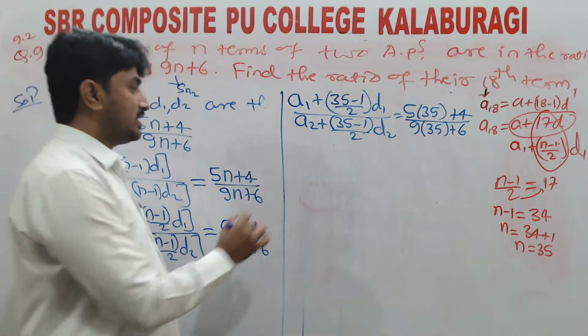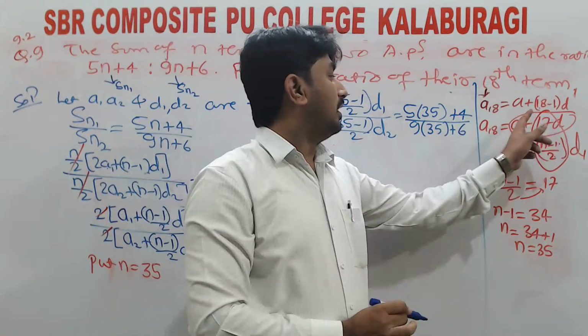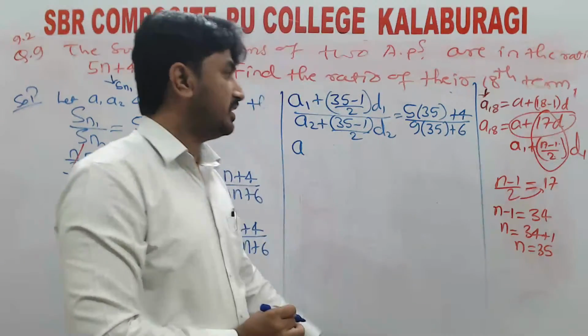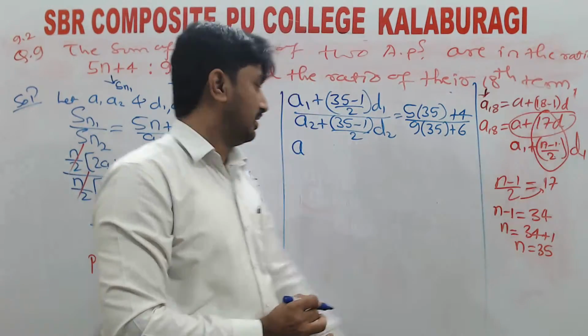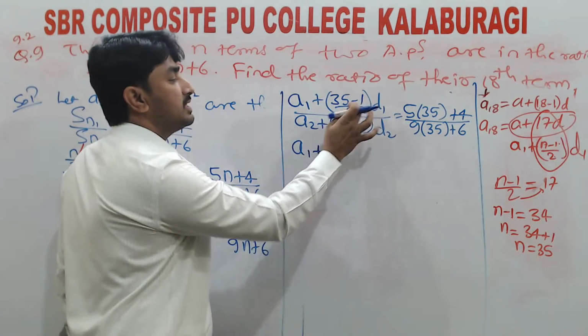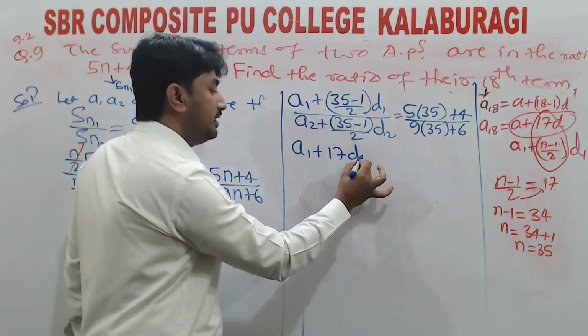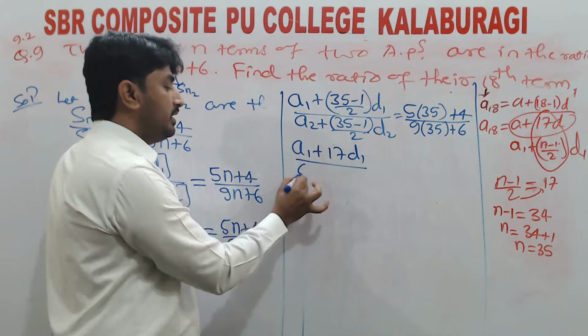Okay, so what is the required result? The 18th term, which is 17D. Therefore, here A1 plus (35 minus 1) which is 34, divided by 2 is 17 D1, divided by A2 plus 17 D2.